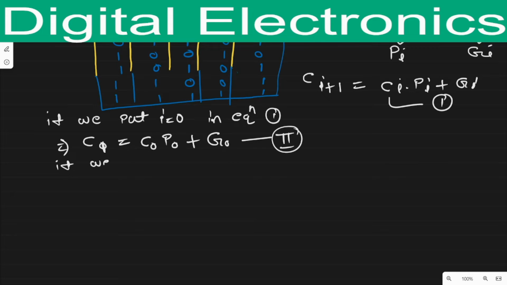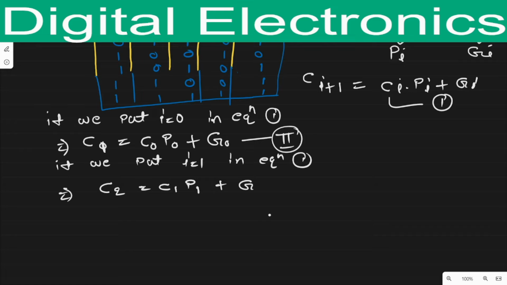If we put i equals 1 in equation number 1, we will get C2 equals C1 P1 plus G1.